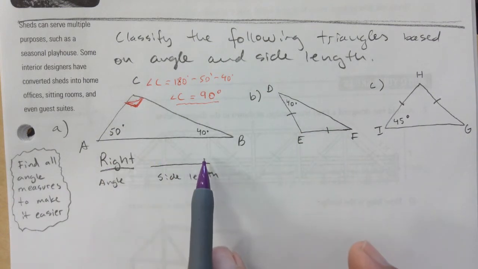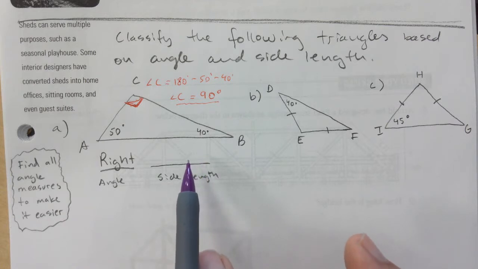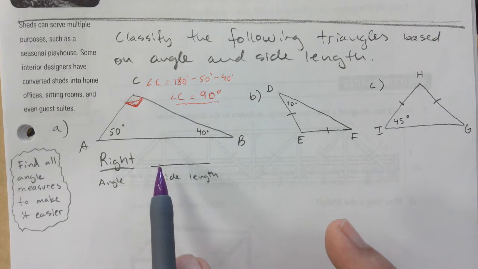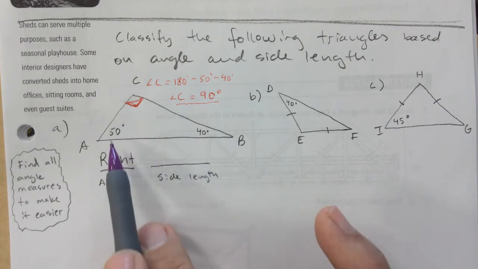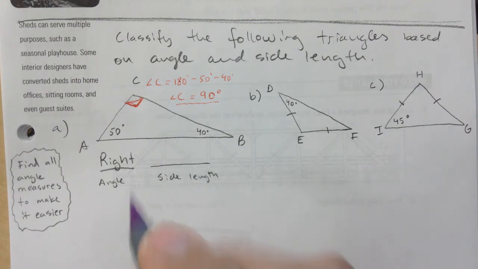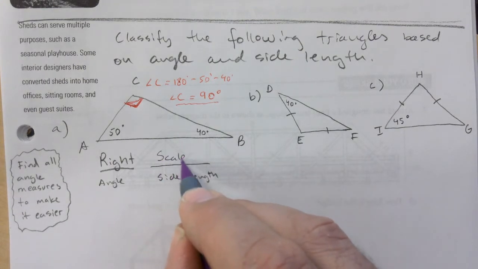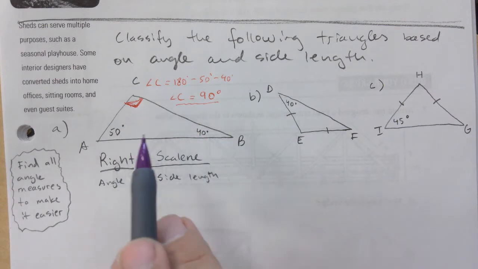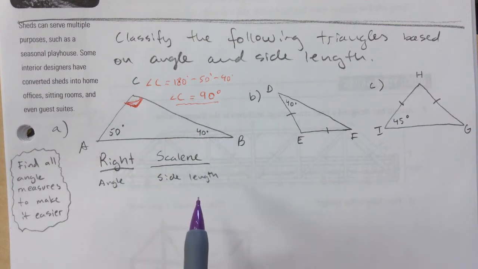And then here we have to determine, is it a scalene, is it isosceles, or is it equilateral? It's definitely not an equilateral. Isosceles, no, it's not, because there's no second angle that is the same. So this is a scalene. You know that all the angles are different, therefore all side lengths will be different as well.